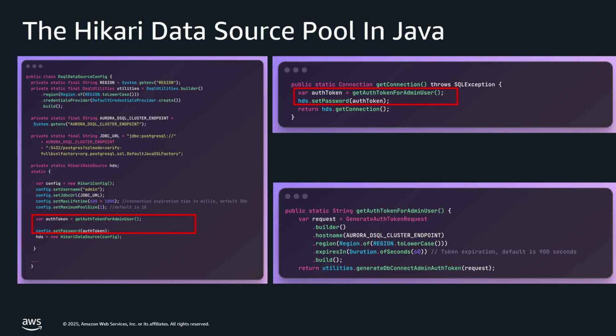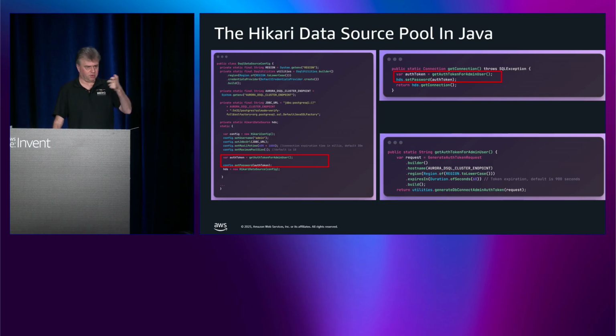You need to create this generate-token request, provide the endpoint and time to live, and then this token will be generated for you each time, and you need to pass it. You already see here that we need to fetch this token in two places: first, when creating the connection pool, and second, each time that we get a connection to talk to the database.